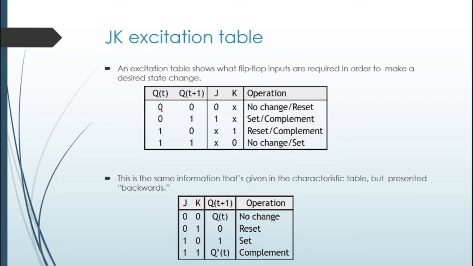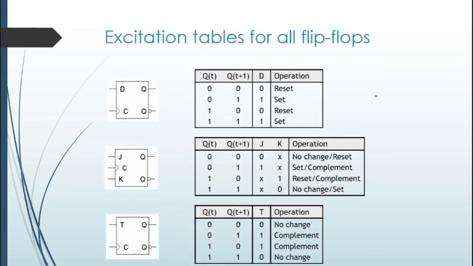If the current Q value is 1 and the next value is 0, we can have J as don't care and K as 1. And if both values Q(t) and Q(t+1) are 1 1, we have J as don't care and K will be 0. So this is actually the advantage of JK. We can have don't cares, and those don't cares work very well.